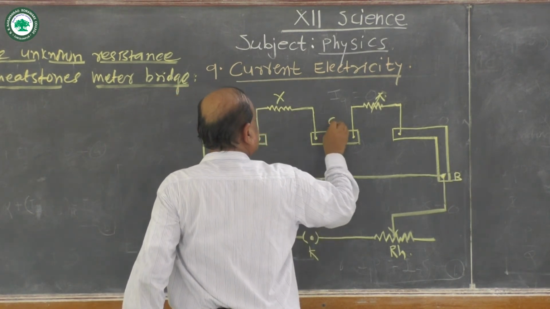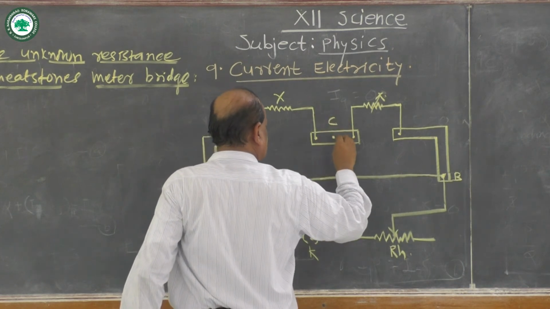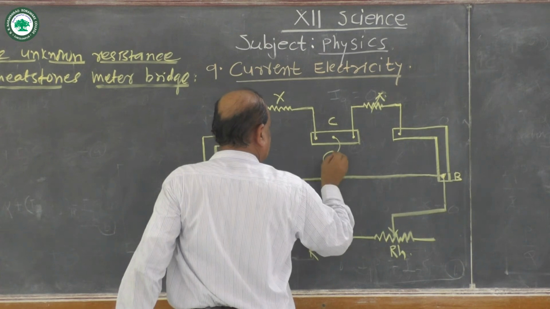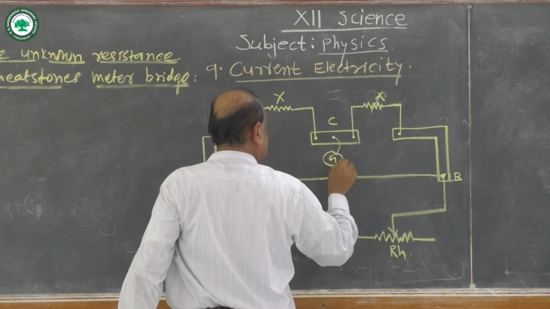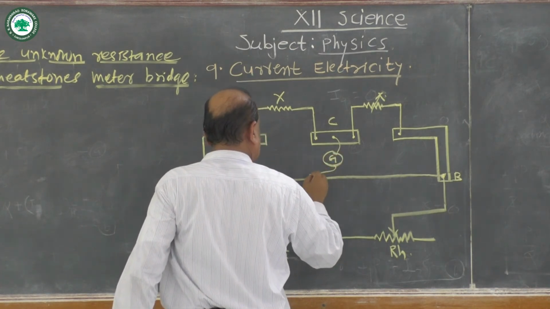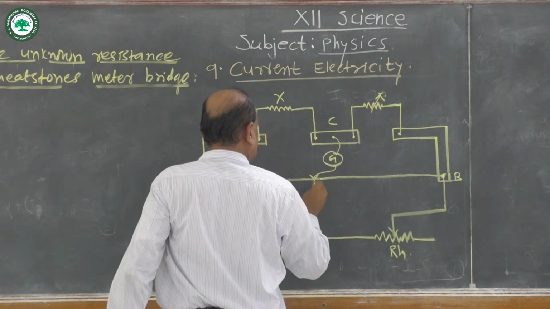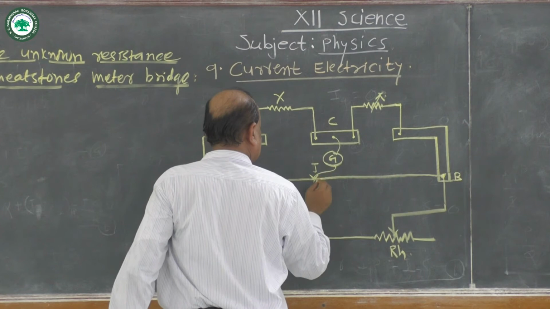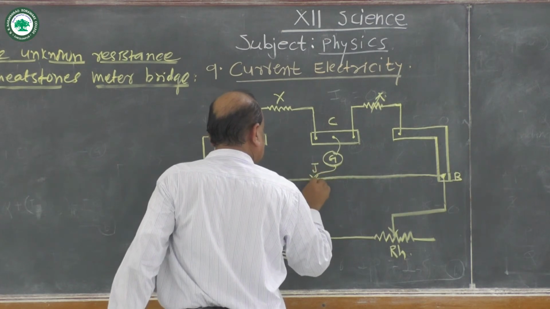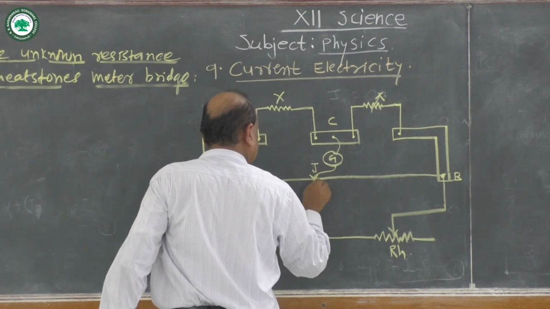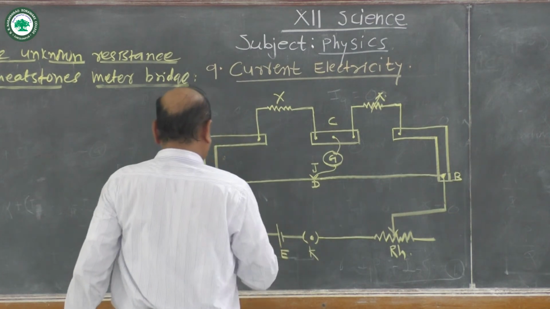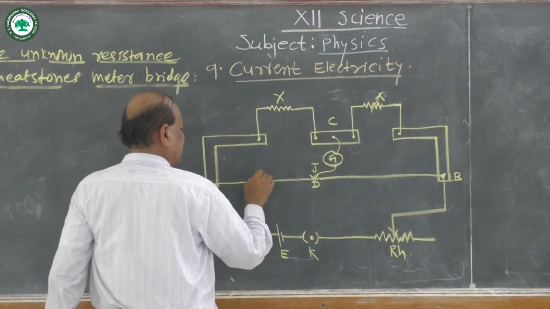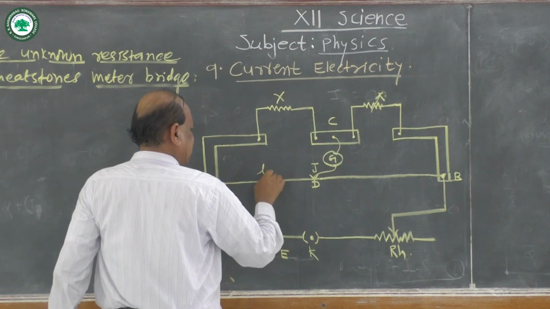Here is the point C. Now galvanometer G is connected to this jockey J. This is point D. Length of this conducting wire from A to D is denoted as Lx.